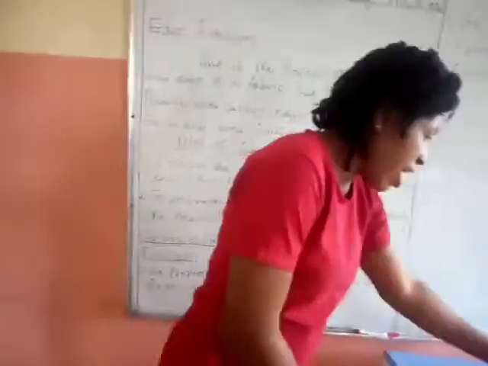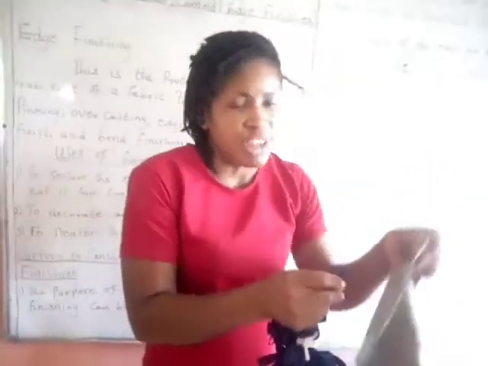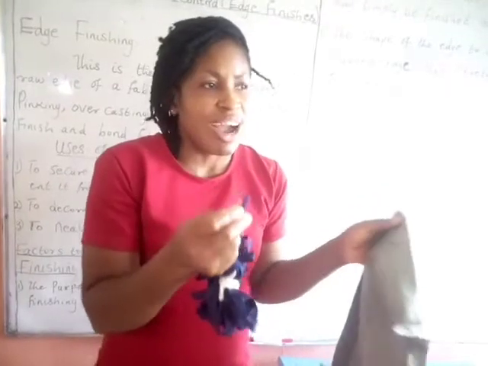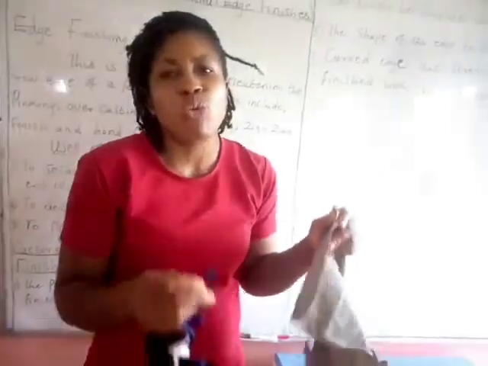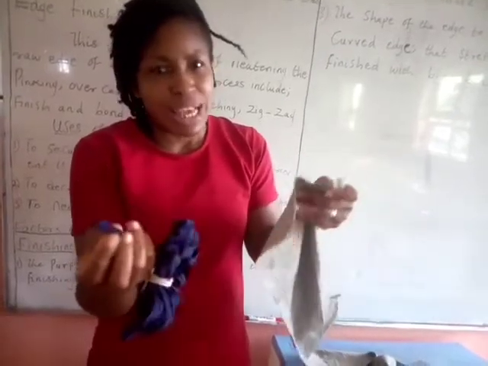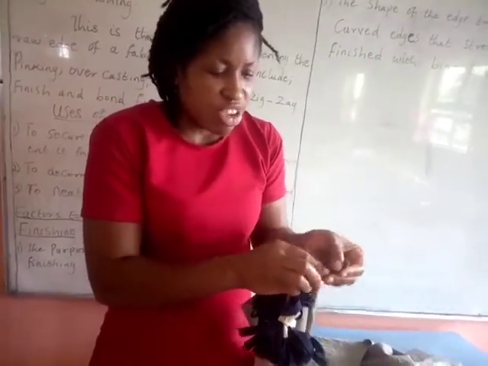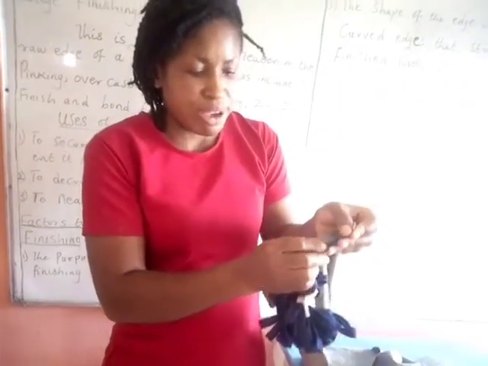For example, if I have the bias, maybe I want the neckline or the hand or the down of the clothes to look more attractive. I need to use any other finishing material, just like the bias. By the time I use it to run the edge, it has changed the look of the fabric. You can see how beautiful it looks.